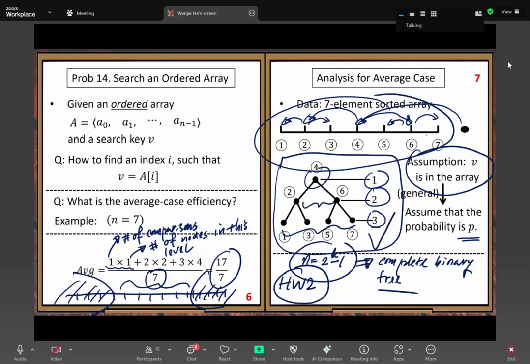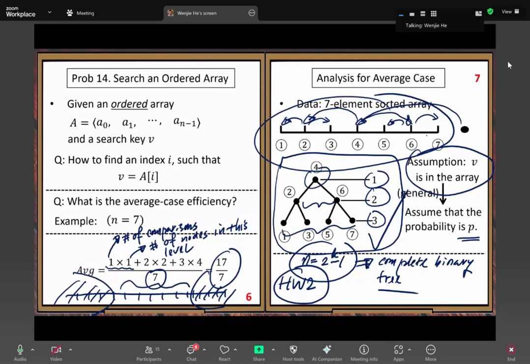So what we just did in this example to do the calculation. The answer is there is an approximate formula, not an exact formula. But even the approximate formula is for the whole binary tree, not the partial binary tree. Average case is for the whole binary tree, not partial.